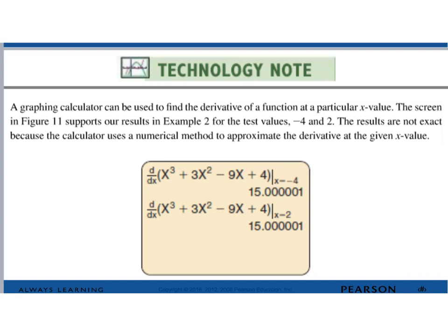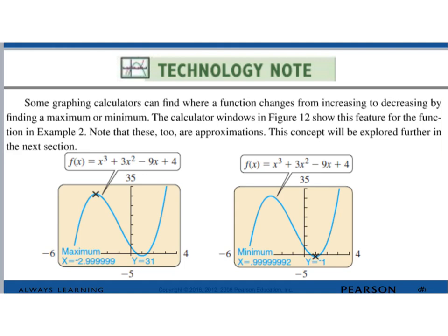Now, you can use technology to find the derivative at a particular value, and there's nothing wrong with using that method rather than actually doing the arithmetic by hand. I have no issue with you doing that. Just show me how you did that. And it's also possible, as I showed you, to graph this function. This is a good way to check your work.